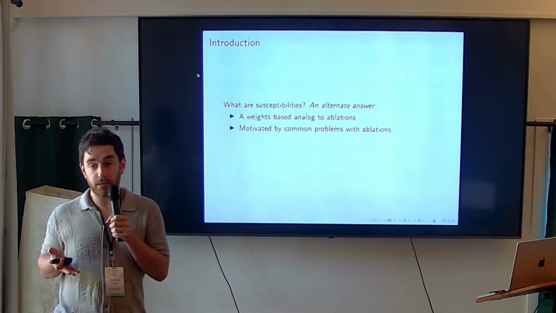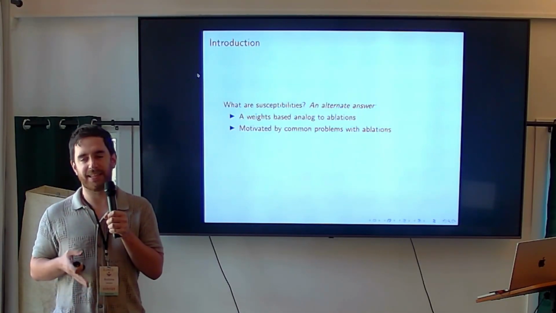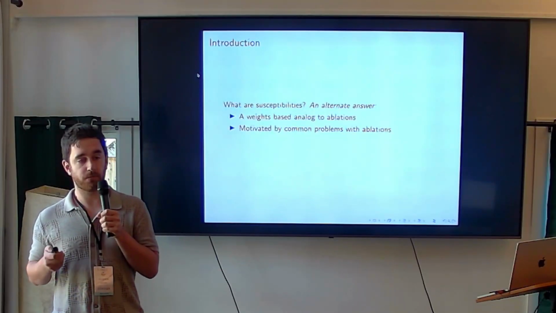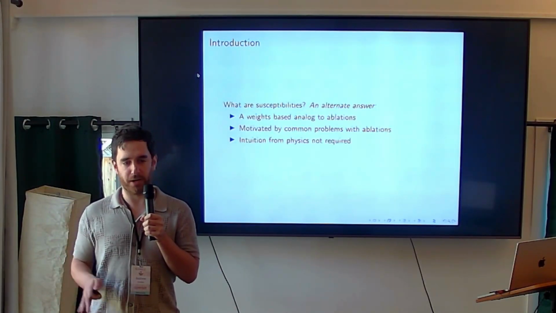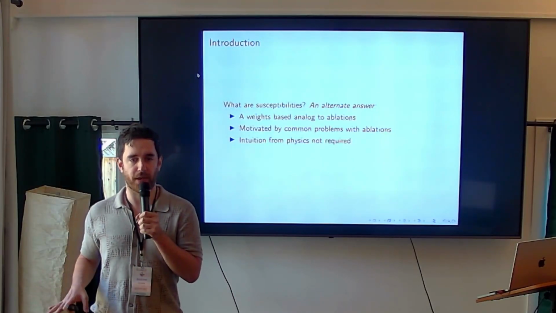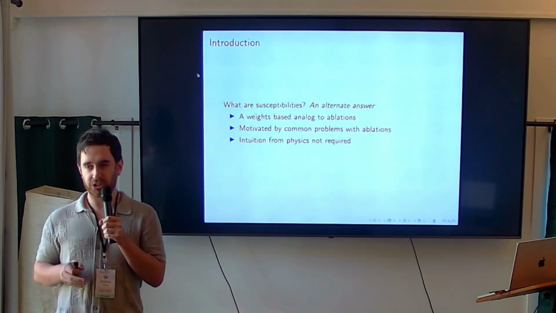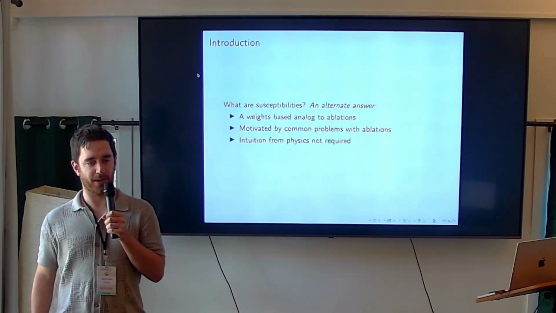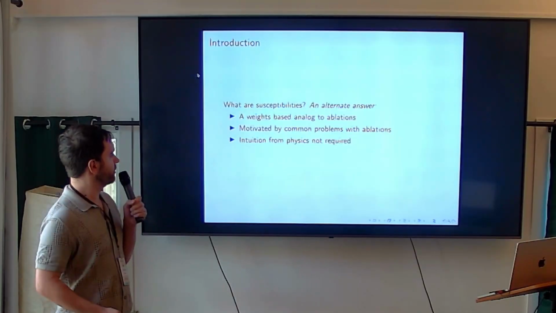It's motivated, this is the you could have invented susceptibilities part, by common things that are wrong with ablations and hard to fix. And we're not going to have intuition from physics or higher math. And I don't mean to cast aspersions on that. I think anyone could tell you I really like high math intuitions for things. But in the interest of getting this as far as possible, we're going to just try and bushwhack our way towards the definition.